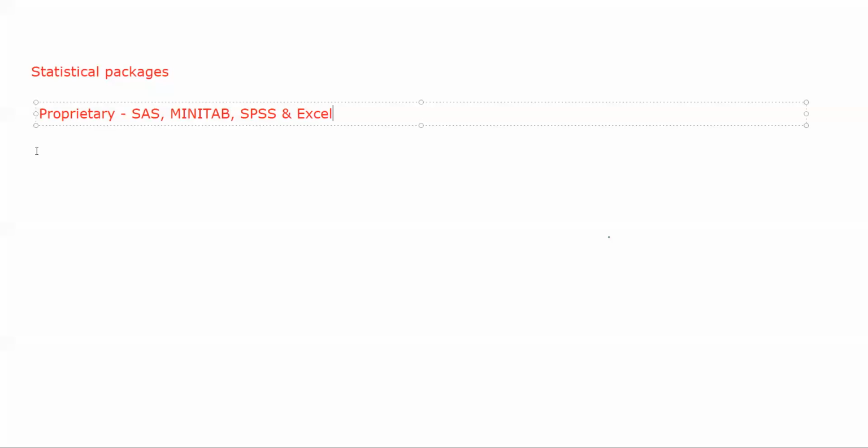Then we have free packages. These free software programs will include R. R itself is a name. Then there is PSPP, there is Epi Info, then there is LibreOffice Calc, the LibreOffice calculator.